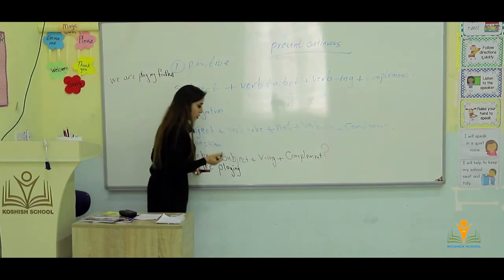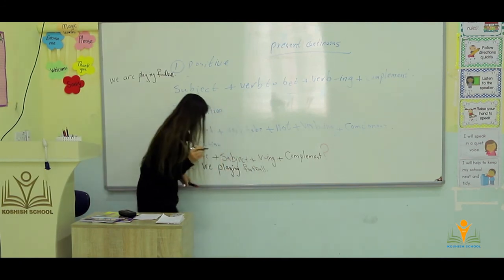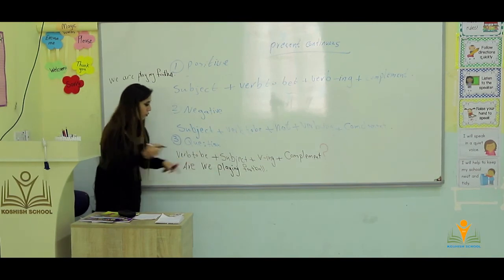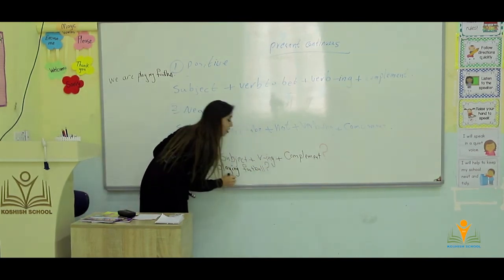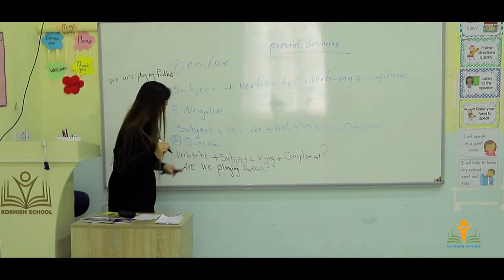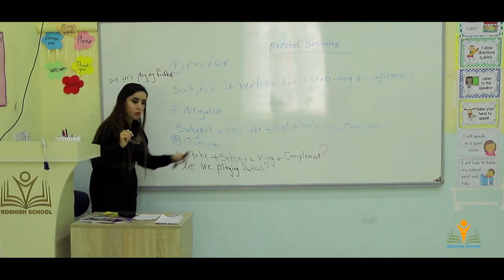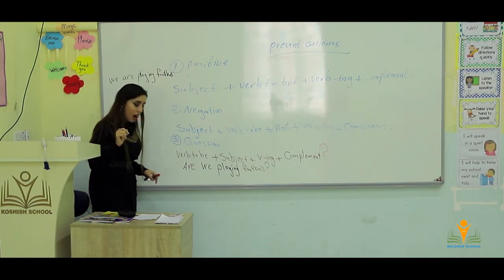This is the extra information. As you see, we are playing football. Oh, sorry, we have to add a question mark, not a full stop. As I said, I added a full stop, but it's wrong. We have to add a question mark because this is a question. Are we playing football?